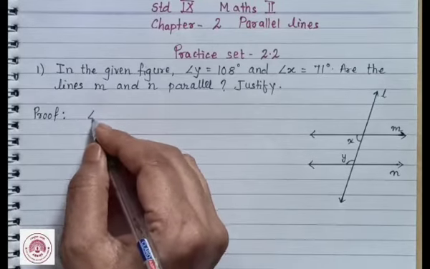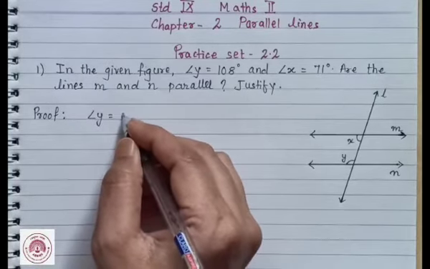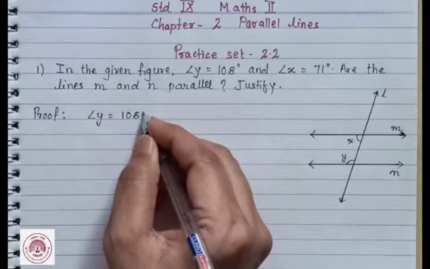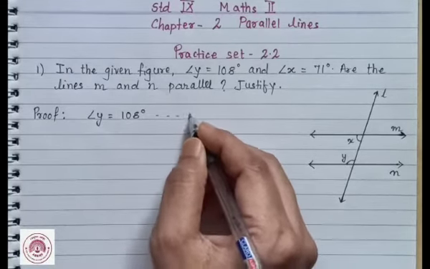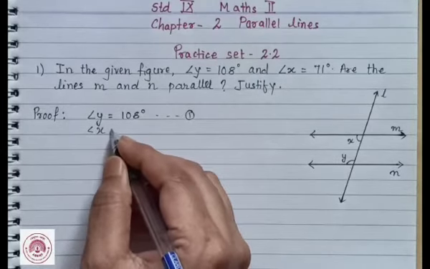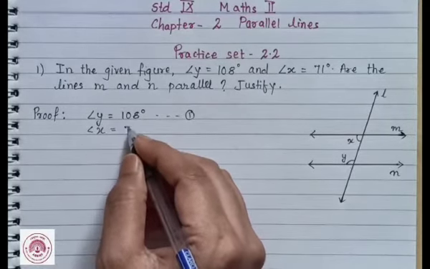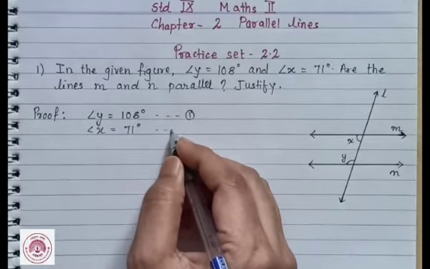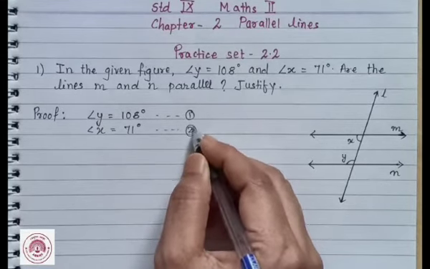Here angle Y equals 108 degrees. It is given. So let this be equation number 1. Similarly, angle X is equal to 71 degrees. So let this be equation number 2.